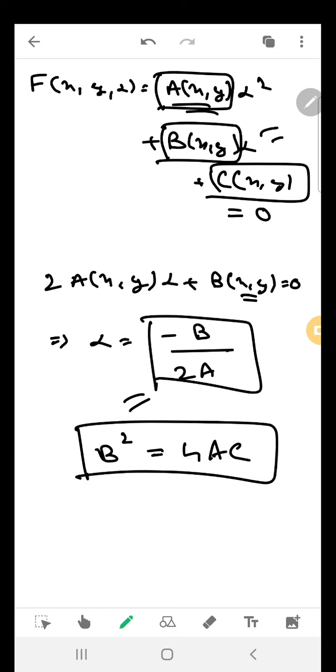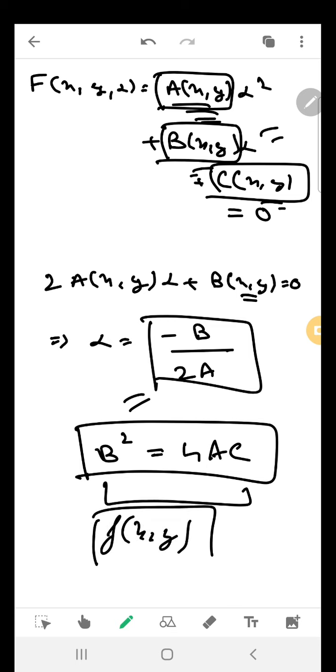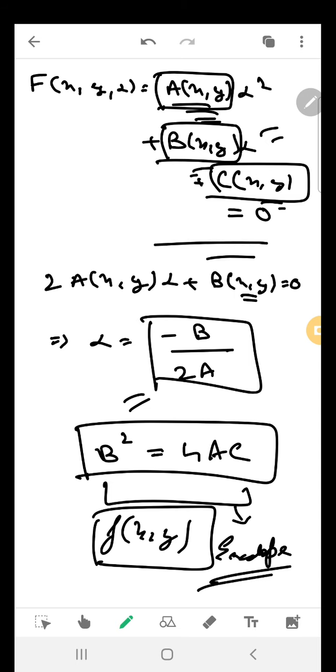This will be the relation which you will be getting, and see that a, b and c all are functions of x, y. So eventually this relation will also be a function of x, y, and this relation actually gives you the equation of the envelope of this type of family of curves. Got it? Clear?